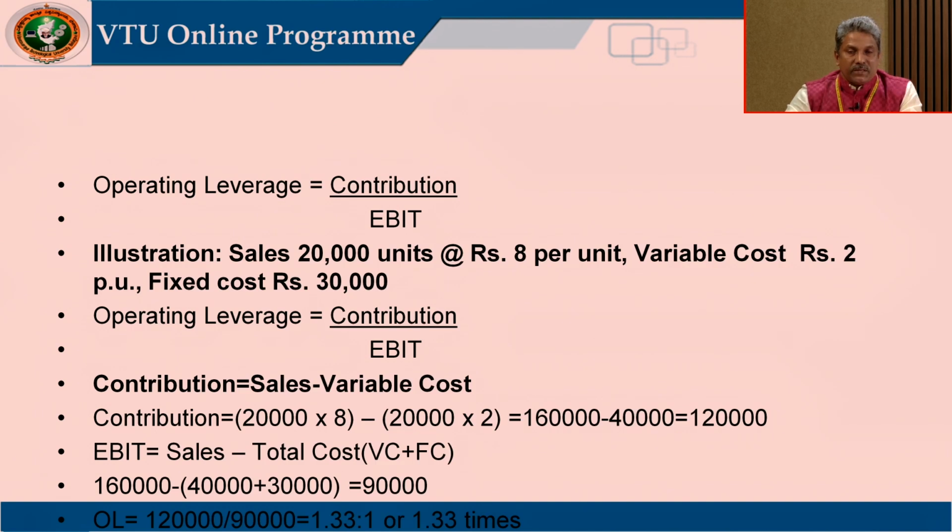How much would be the change in EBIT? Accordingly, we can take financial decisions like giving commission or incentives to the sales staff. How much incentive should be fixed for the sales staff for increasing the sales in the future. All those decisions can be taken based on operating leverage.